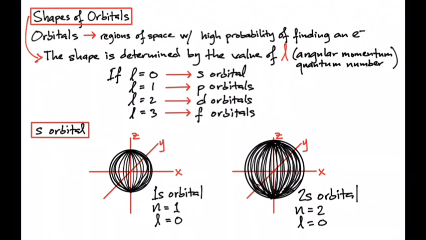And when it comes to energy, the 2s orbital is higher in energy than the 1s, right? Remember that the principal quantum number tells you about the size and the energy of these orbitals. And so because we have n equals 2, the 2s orbital is higher in energy and larger than the 1s orbital.